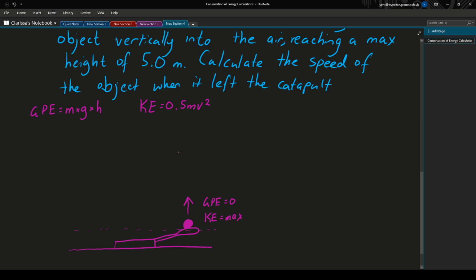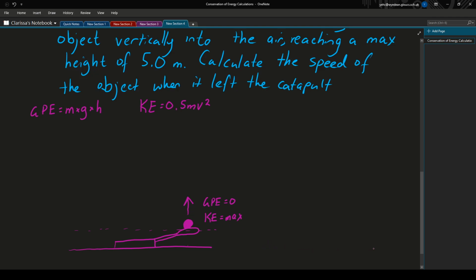If you imagine you're tossing a ball into the air, the point where it's the fastest is right after you tossed it, because that's when it has the most speed, and then it slows down as it lifts up into the air, then falls back down. So at this point, its kinetic energy is maximum.